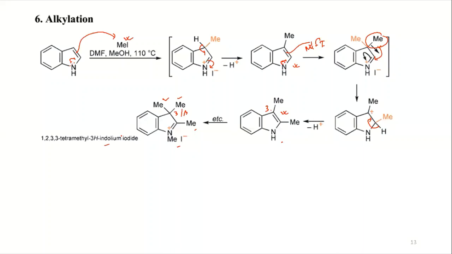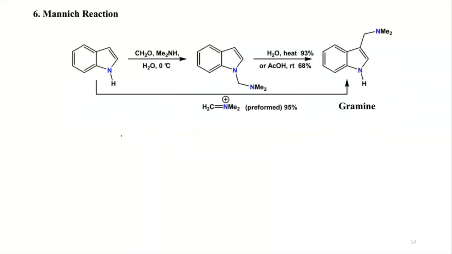Generally, the controlling of this reaction is difficult with one equivalent of methyl iodide. A Mannich reaction, that is the addition of CH2NMe2. At low temperature, it is found that the Mannich reaction is happening at the nitrogen center.